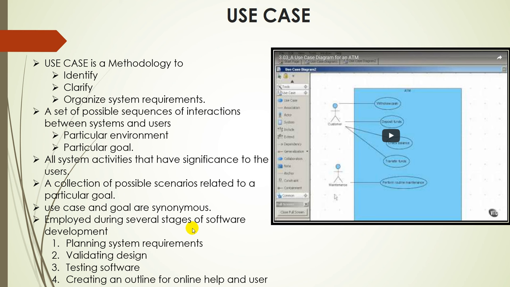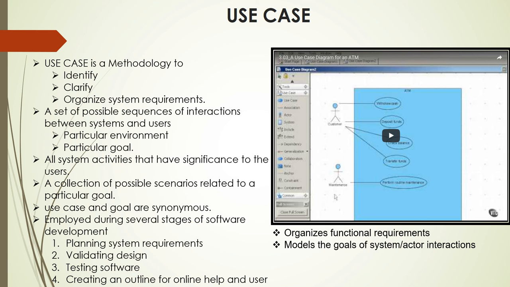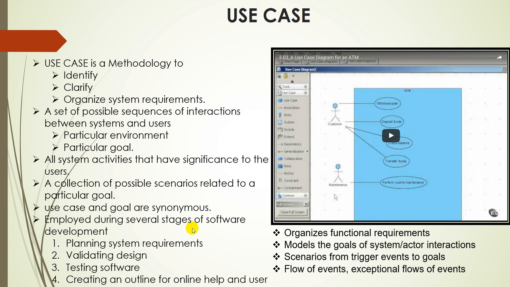A use case or set of use cases has these characteristics: organized functional requirements; models the goals of the system, actors, or users' interactions; records paths, called scenarios, from trigger events to goals; describes one main flow of events, also called a basic course of action, and possibly other ones called exceptional flow of events, also called alternate course of action.